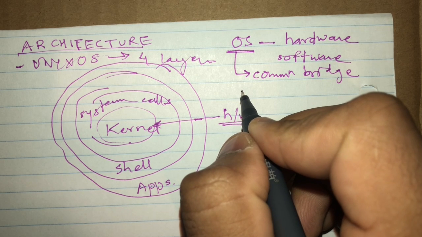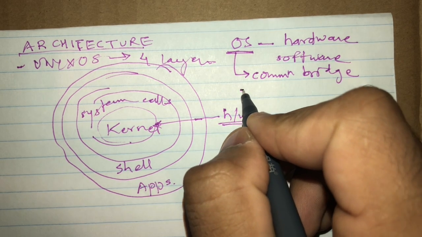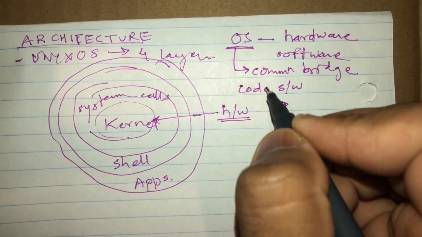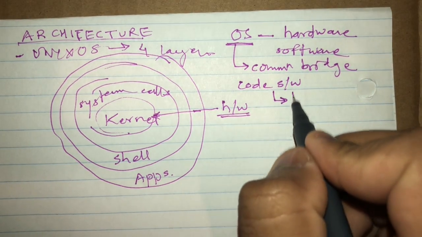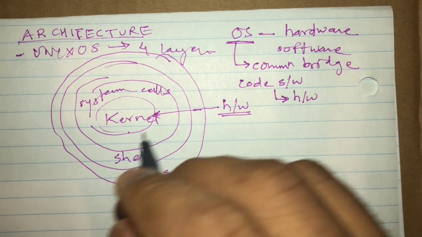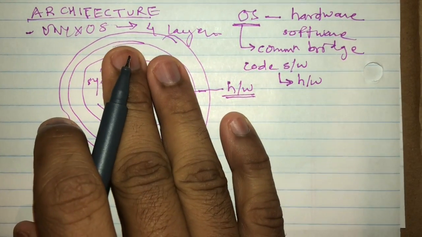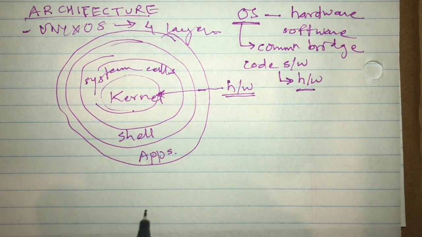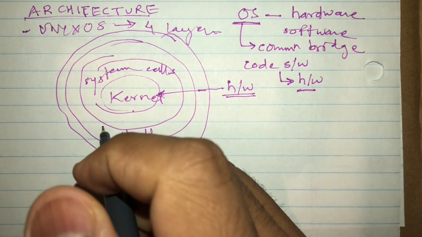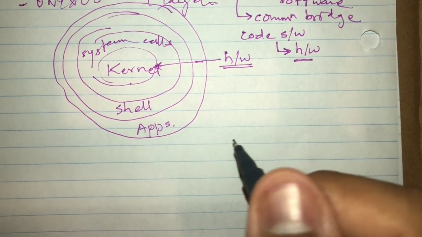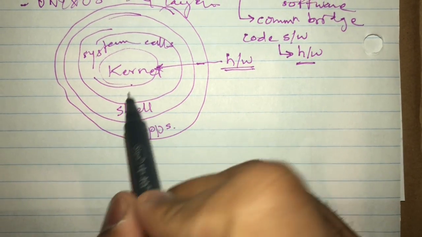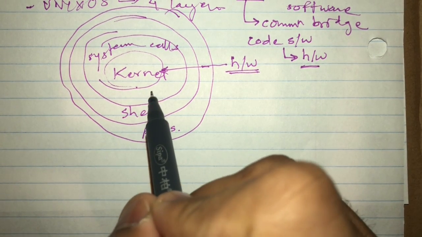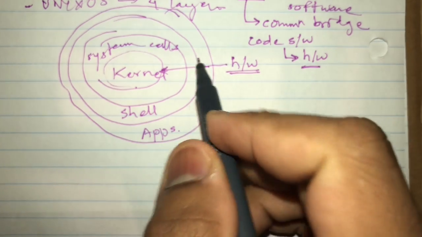Let's say you want to open a new tab in the browser. There is code written in software, and the operating system executes that code and moves a few things here and there in hardware, and that's how a new tab is created. I know I'm rusty on the details, but this is what I could do in 5-10 minutes of research. Getting back to the architecture, the kernel is the innermost component of a Unix operating system architecture diagram.